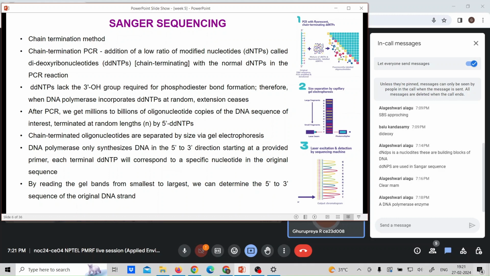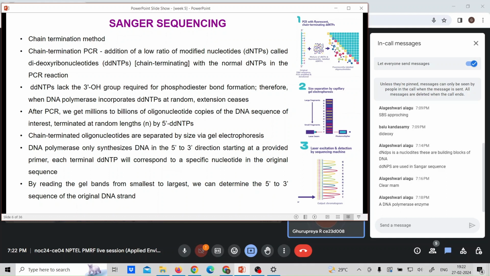So once this ddNTP is incorporated, the DNA polymerase cannot extend the chain further.